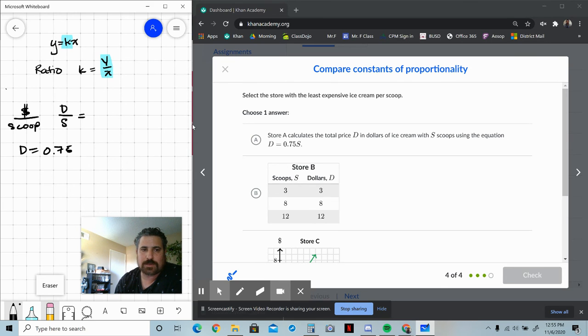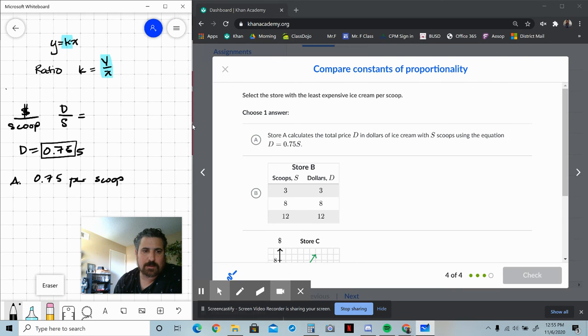It means that your constant of proportionality is 75 cents. So you're paying 75 cents per scoop. So this first rate, A, is going to be 75 cents per scoop.